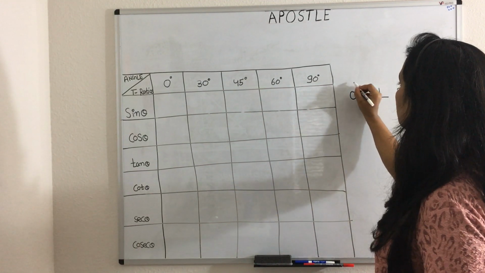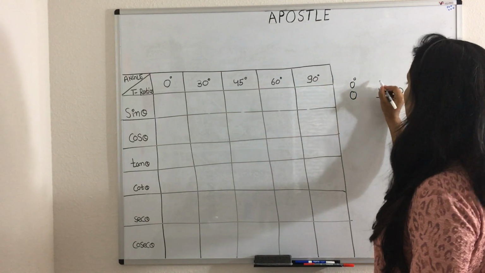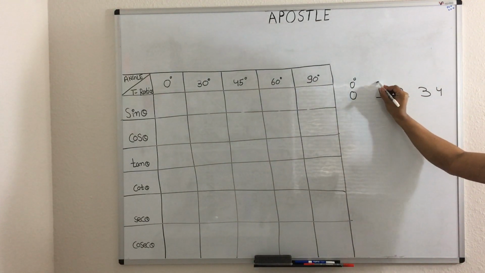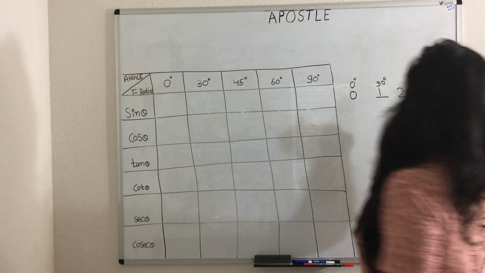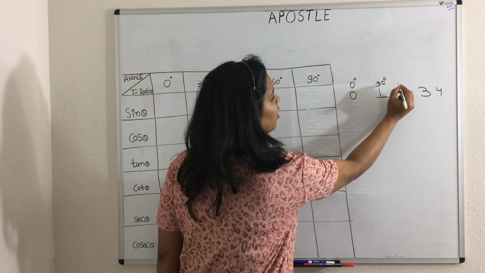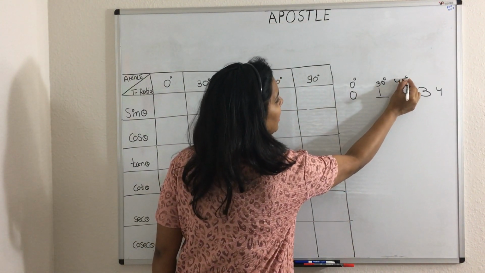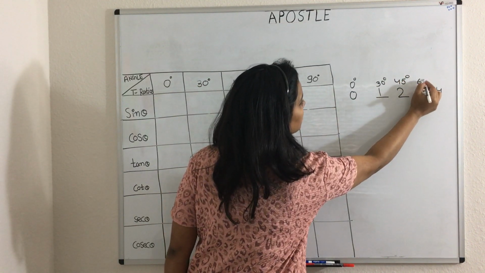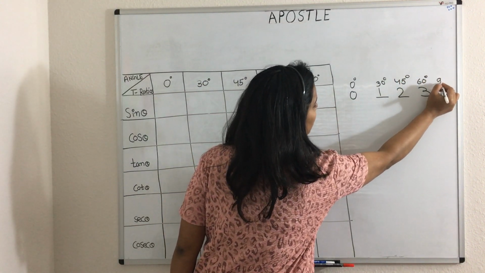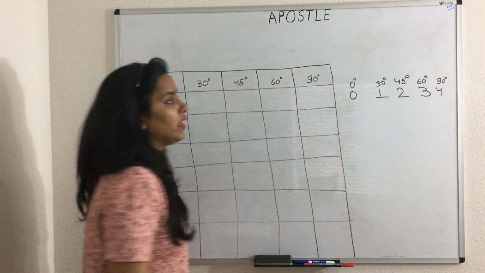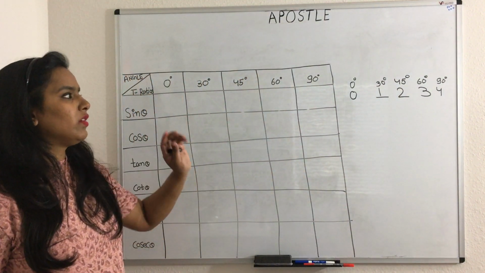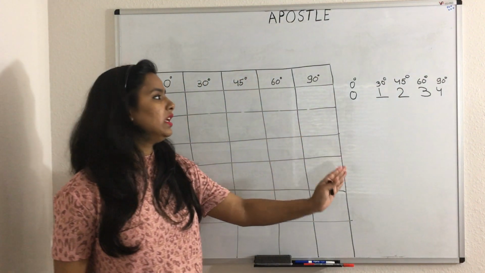This 0 is for 0 degree, this 1 is for 30 degree, this 2 is for 45 degree, this 3 is for 60 degree and this 4 is for 90 degree.